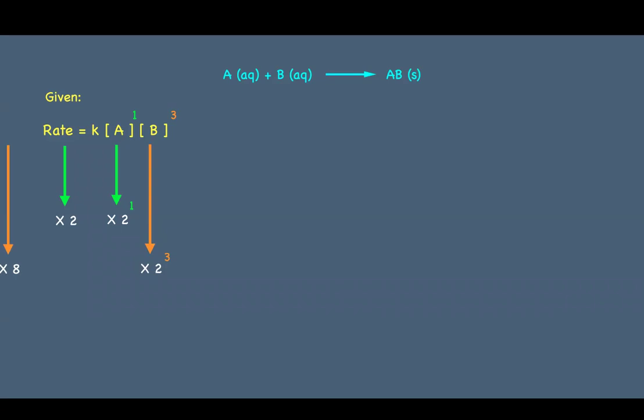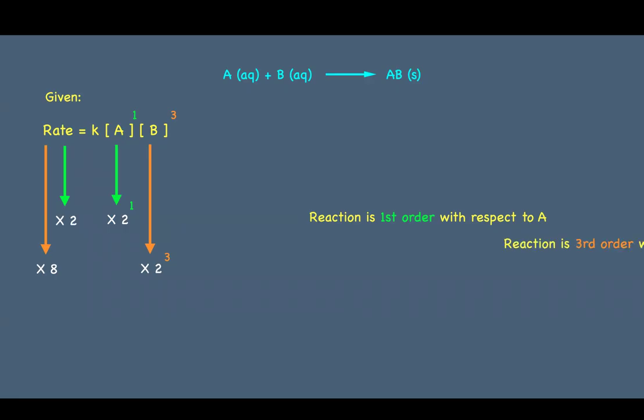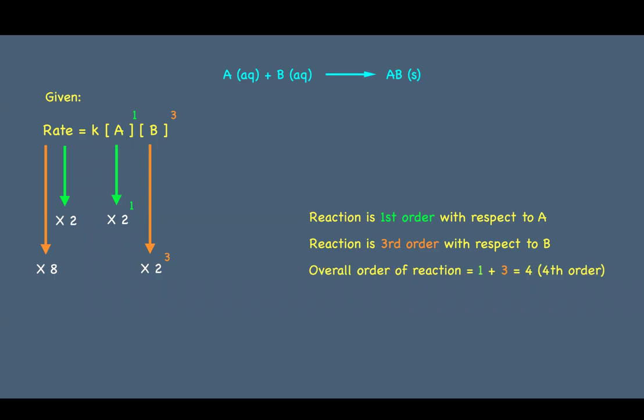So this time the rate will be 8 times more. Again, B is definitely way more effective on the rate of reaction than A. Both of the reactants are affecting our rate, however B has more effect. So the reaction is first order with respect to A, third order with respect to B, and the overall order of reaction is fourth order, the sum of 1 and 3, which is 4.